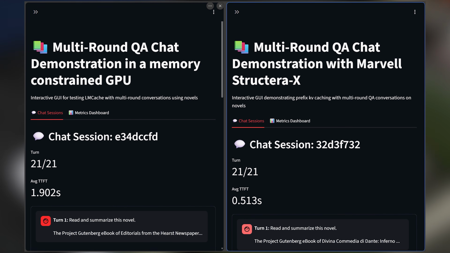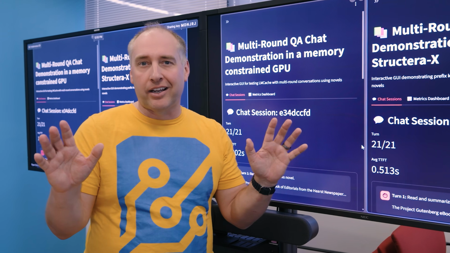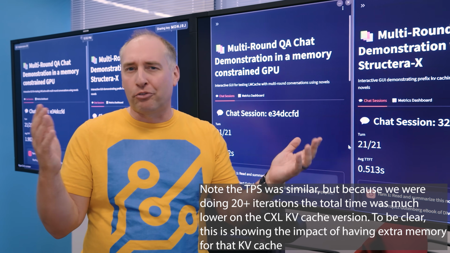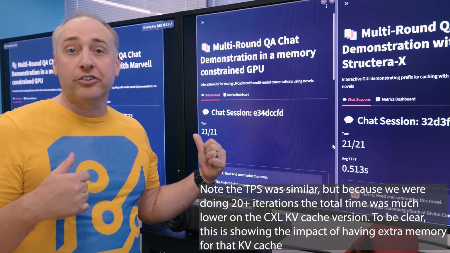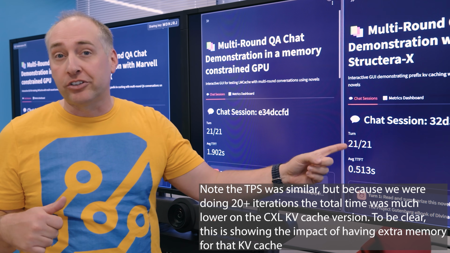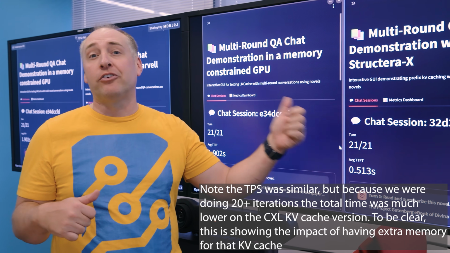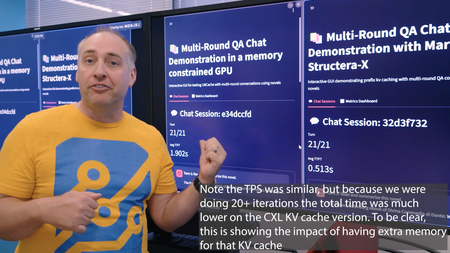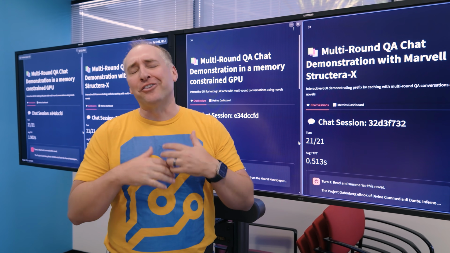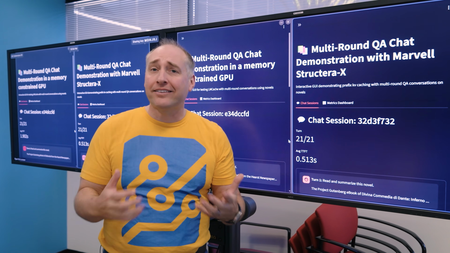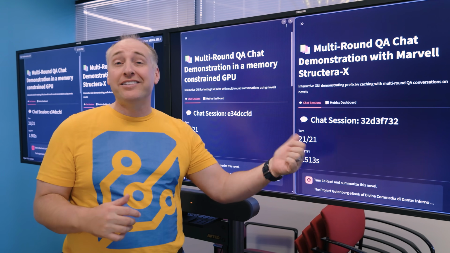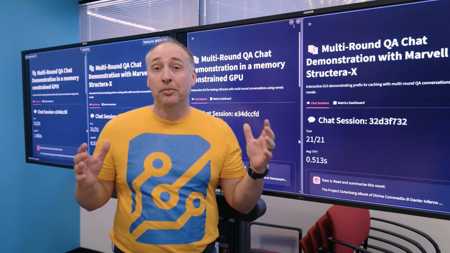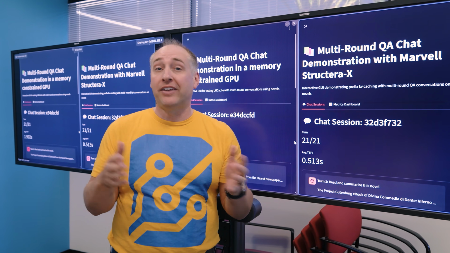And I will just say that this does vary a little bit based on the run, but it gives you an idea that maybe you're 3x or more faster by having the larger KV caches using CXL memory versus just being stuck with smaller KV caches and a fixed GPU memory size. Now guys, look, KV caches in the industry are a hot topic right now because folks literally see these types of improvements because they're able to go and optimize their KV cache operations.